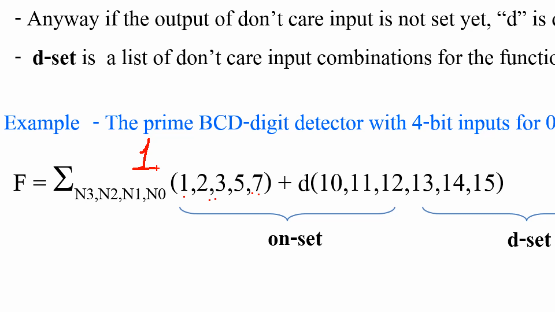If I apply something like this, it's don't care; it can be 0 or 1. So if I apply 8 in this function, what will the output be? Yes, it must be 0, because 8 is not in the on set and 8 is not in the don't care set. So it must be 0.